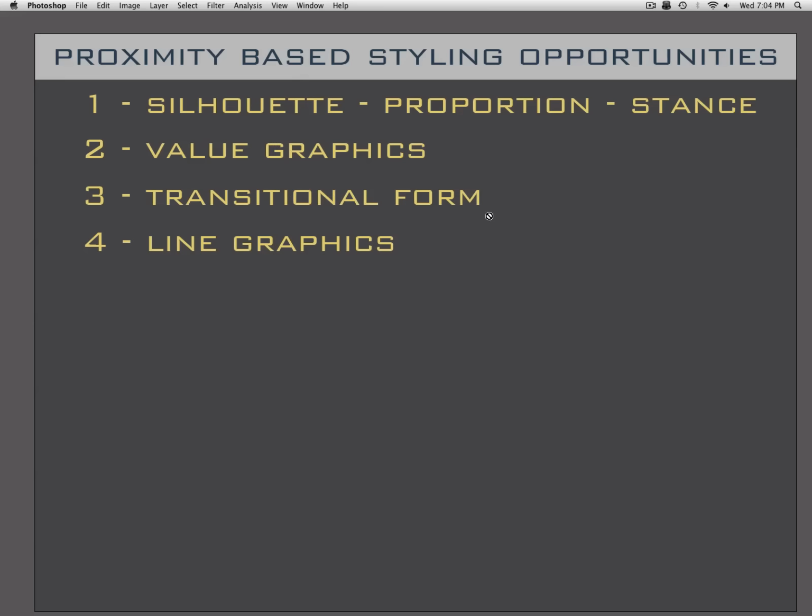Now, transitional form is so dependent on the quality of the light that if you're relying entirely on the transitional forms of your object to make it attractive or interesting, and the game vehicle or real vehicle drives into a different environment, or it's a cloudy day with flat light, it's going to be very difficult to see your transitional forms.